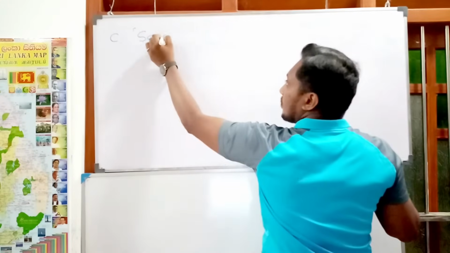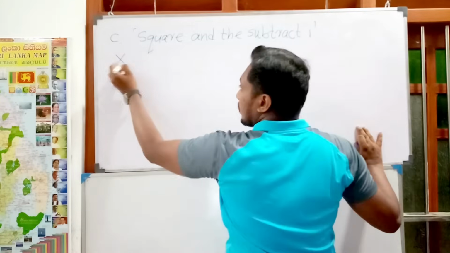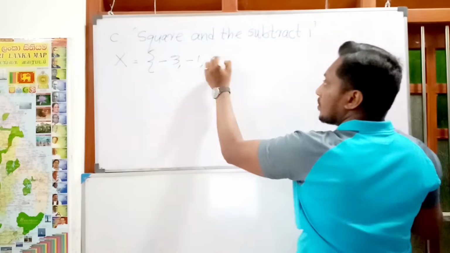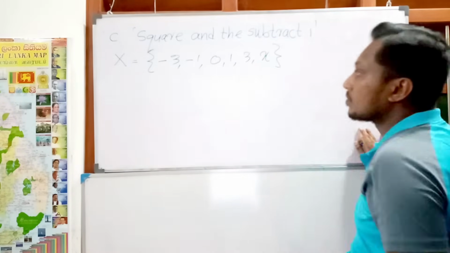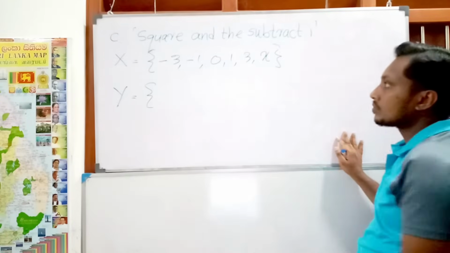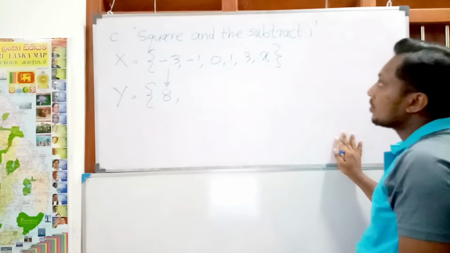Part C, square and then subtract 1. Minus 3 squared is 9, subtract 1, the answer is 8. Minus 1 squared is 1, subtract 1, 0, and so on.